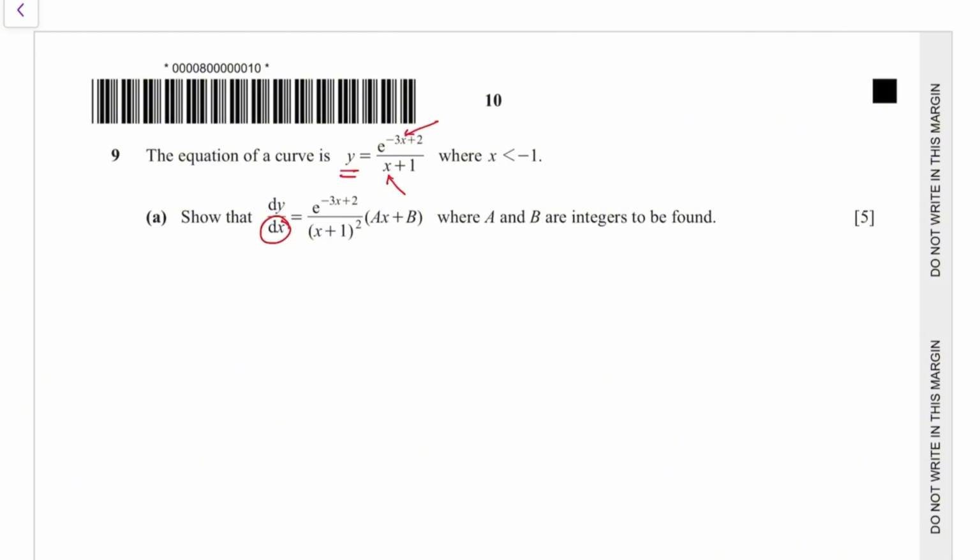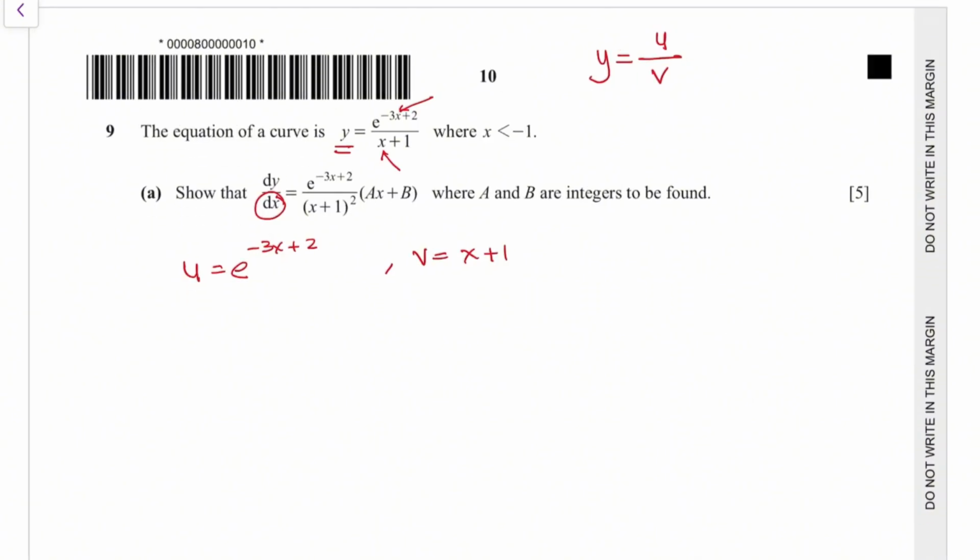What is the quotient rule? The quotient rule is used when you are trying to differentiate something in the form of u over v. Exactly the same situation that we have here, in which our u is e to the power of negative 3x plus 2, and our v is x plus 1.